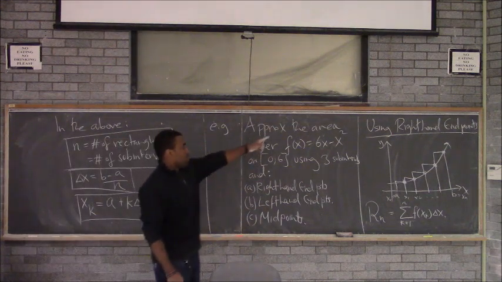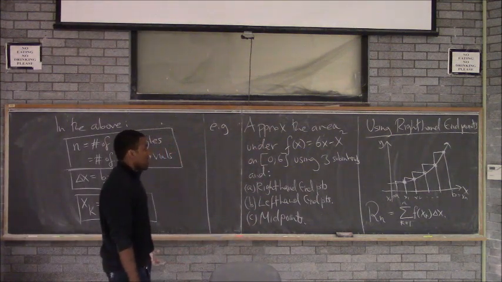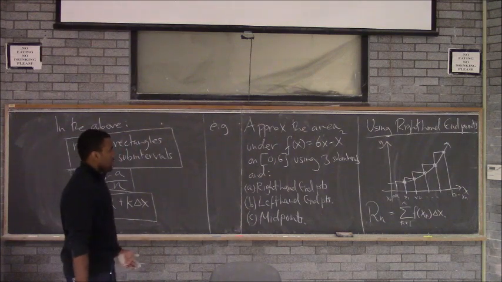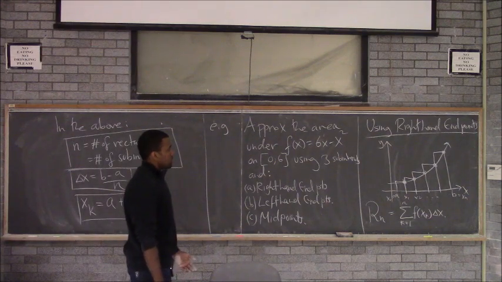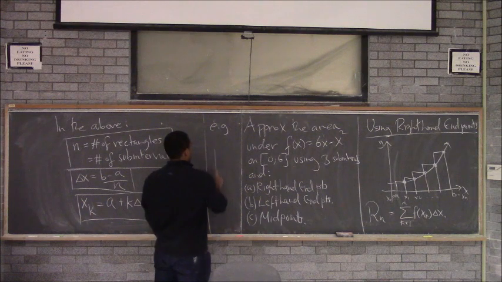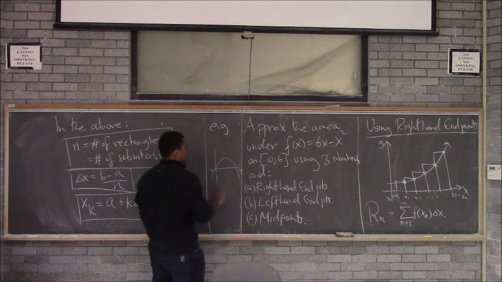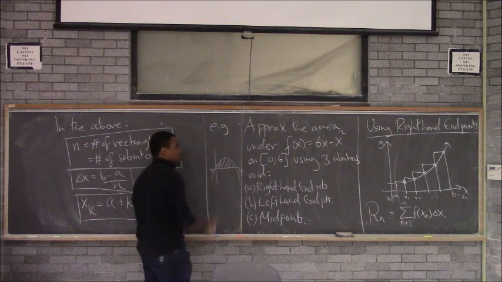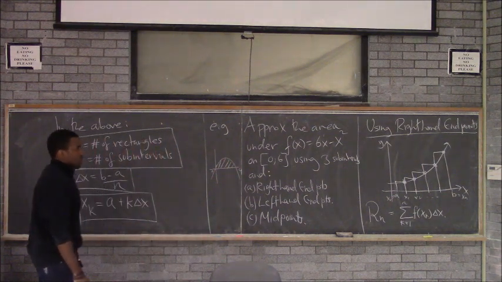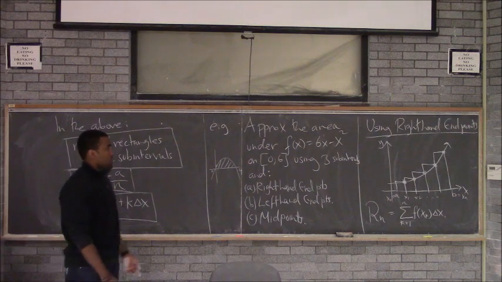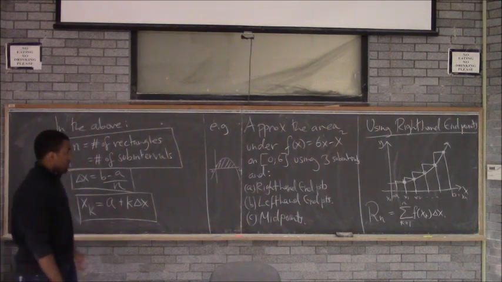This is some random function. There's some area under that function on the interval 0, 6. That actually looks like an upside down parabola going through 0 and 6. This is the area we want to approximate. I want you to approximate that area using 3 rectangles.